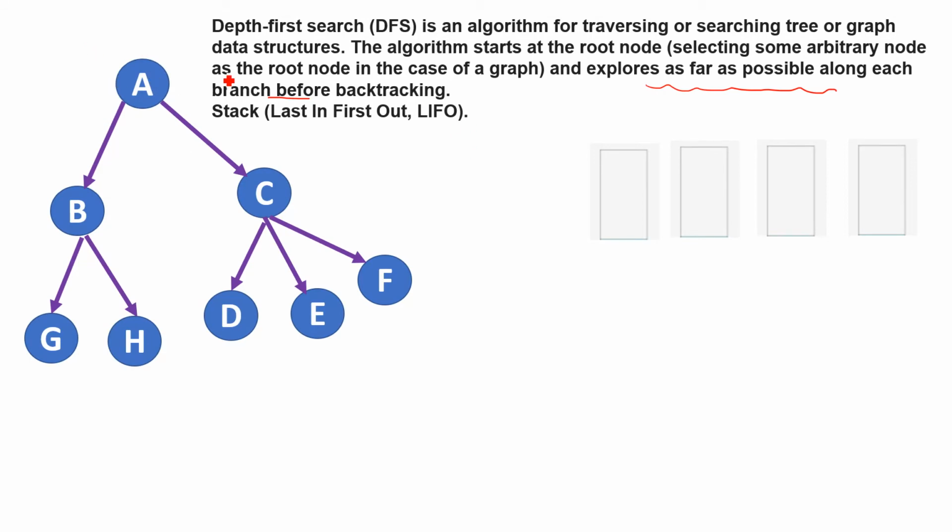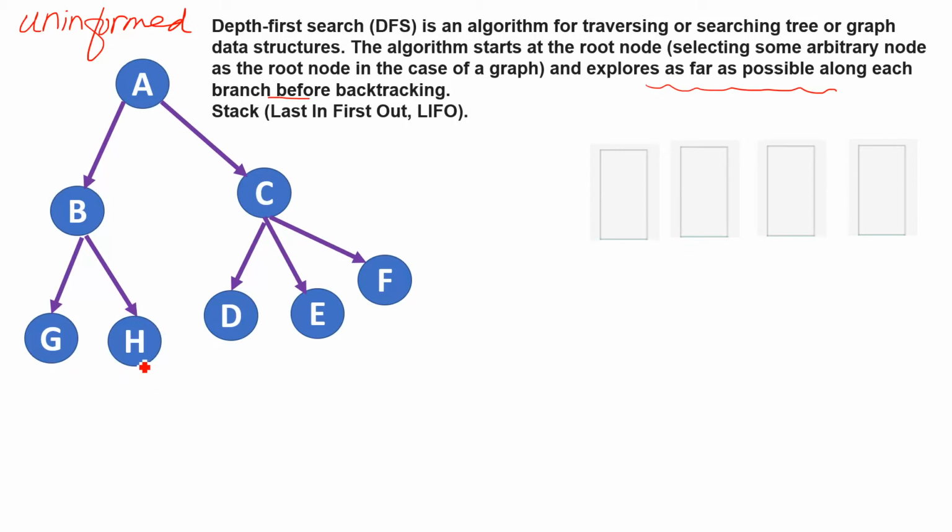Before going to start, one more thing I want to explain here, that DFS also comes under the category of uninformed search, which is also known as brute force technique or blind search. What is the meaning of blind search? That we only know from where to start. See, here we can start from A, then we have two routes B and C, but from B and C we are not sure.